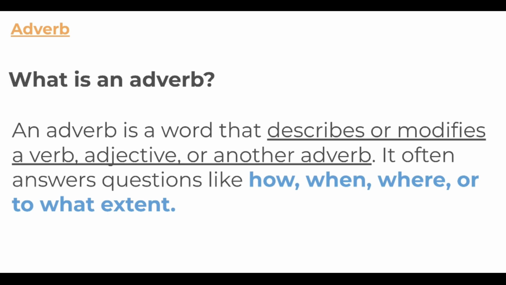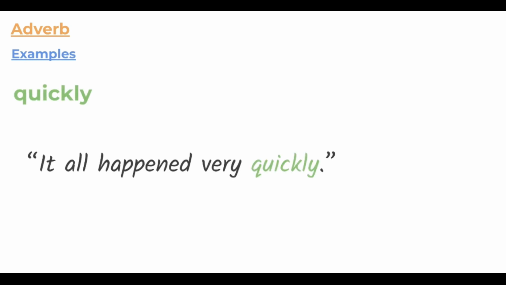This is how we modify the other parts of the language, not just nouns. So let's see this in action then. We have quickly. It all happened very quickly. So we're describing here how it happened. The speed of which something happened.